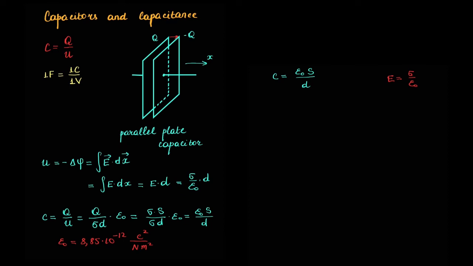So let me explain where this expression came from. If we have one plate, consider that this is a positively charged plate, then its electric field has the following directions. Electric field lines are given here.